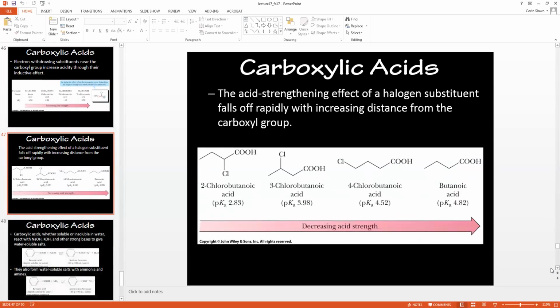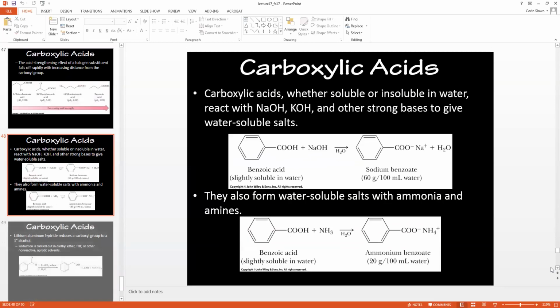If we have a halogen substituent, the farther away that halogen substituent is, the less impact that it has. So if it's close, it has a significant impact. If it's far away, it has less of an impact. And we can see that by the decreasing acid strength as shown by the pKa.